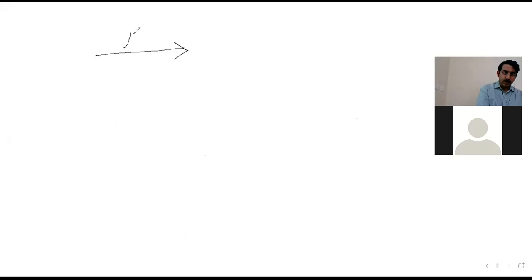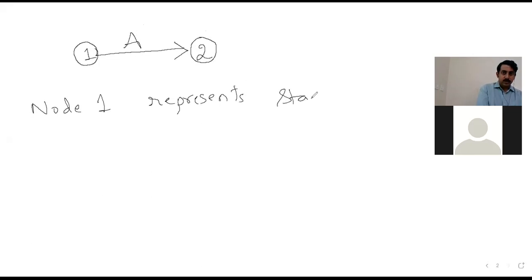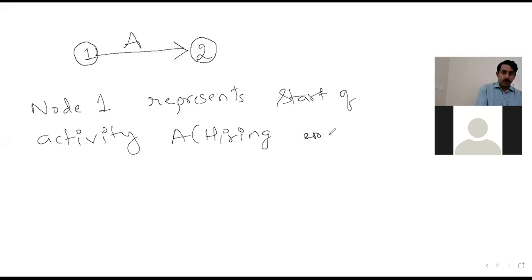So how do we represent the hiring employees activity in the network diagram? Activities are represented in the form of an arrow, and we name the hiring activity as activity A. This is the starting point of the activity and this is the ending point of the activity. Node 1 represents the start of activity A, which is hiring employees.